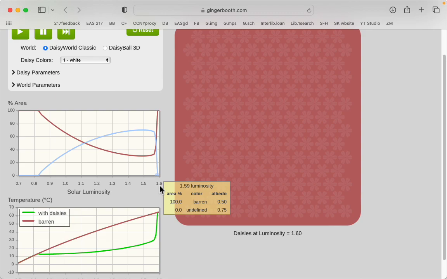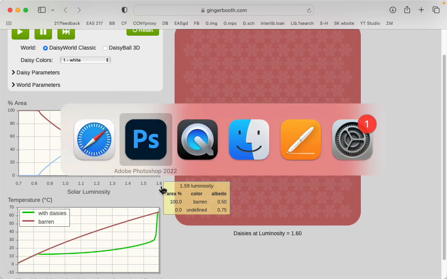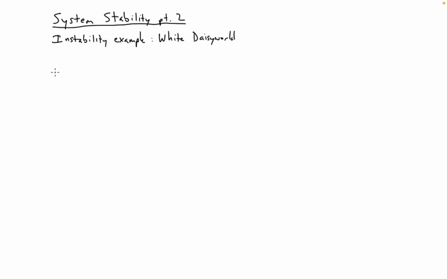Okay, so we described that for most of the model, there's a feedback loop where the presence of white daisies, so this is review, affects the albedo, which causes the planet's temperature to go down.